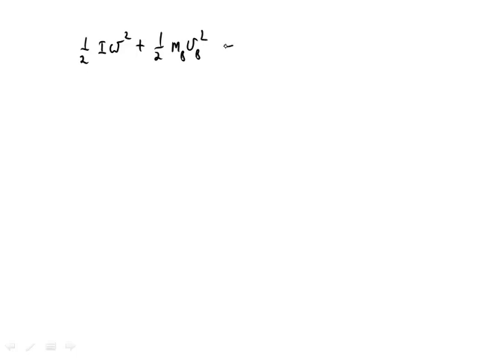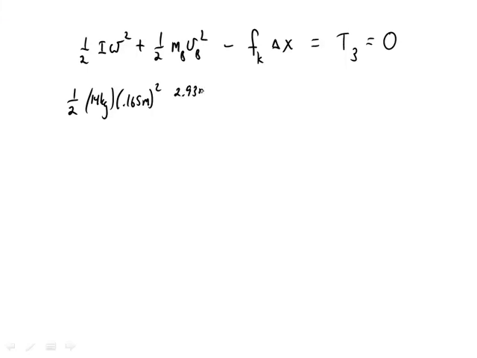And so we'll subtract the frictional force times delta x, and that will equal the final kinetic energy, which I'll label T3. That will be 0. So I have 1/2 times 14 kilograms times 0.165 meters squared times omega, but that was V sub A, so that's 2.93 meters divided by 0.25 meters.